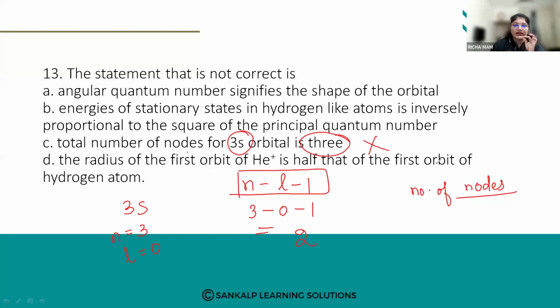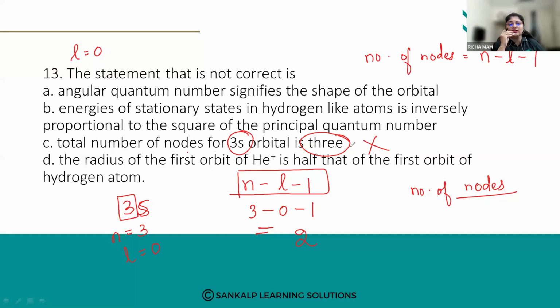Make an important note. Whenever you have to calculate the number of nodes, the formula is n minus L minus 1. n is the principal quantum number, which represents the main shell. L is the shape. S is nothing but L equals 0. 0 represents your s orbital. If it was p, then the L value will be 1.